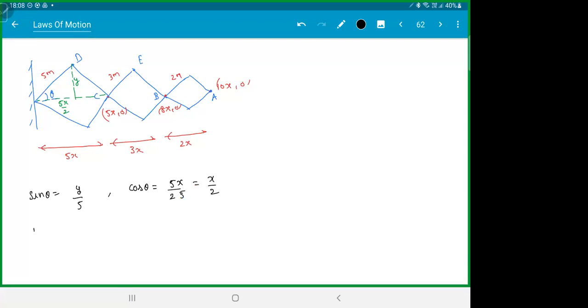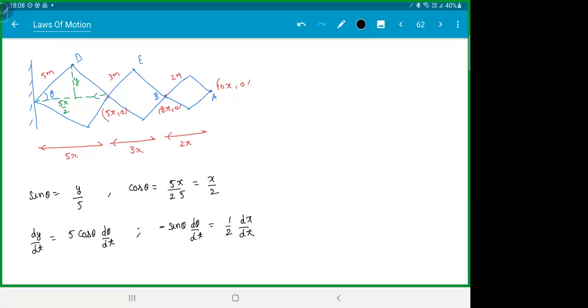And if I differentiate this, dy by dt will give me 5. The differential of sin is cos theta d theta by dt. And if I differentiate this, I get minus sin theta d theta by dt is equal to half dx by dt.